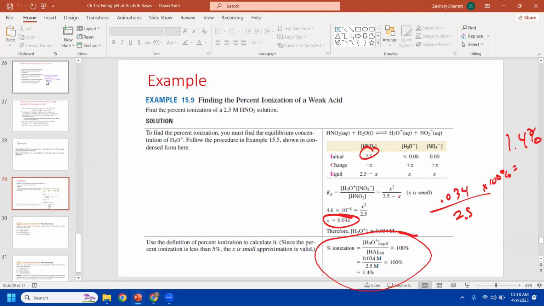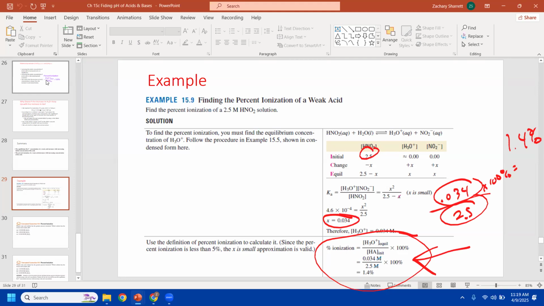So if this acid ionized to have 0.034 moles of H plus at equilibrium, and the initial concentration was 2.5, notice how the percent ionization is basically the same as the 5% check rule. Okay? So by the 5% check rule, was this assumption valid, Ian? What do you think?